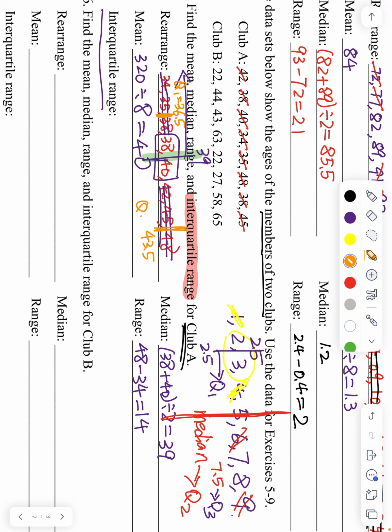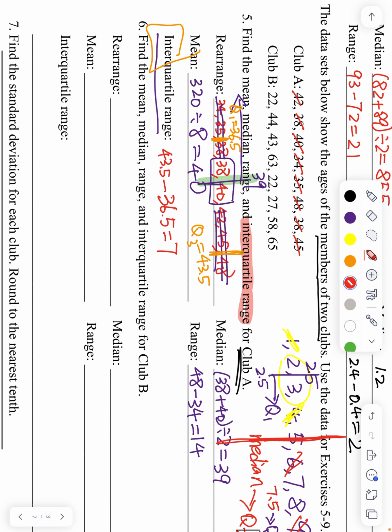Now we can find the interquartile range. We use Q3, which is 43.5, subtract Q1. Q1 is 36.5. This is equal to 7. So interquartile range is 7.